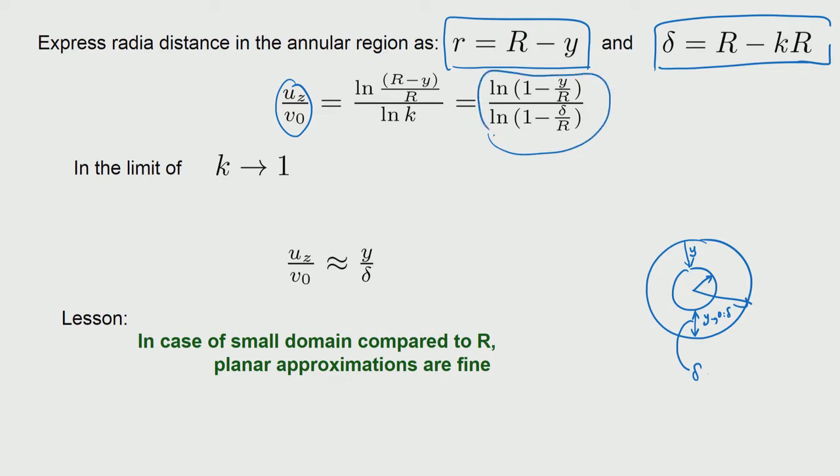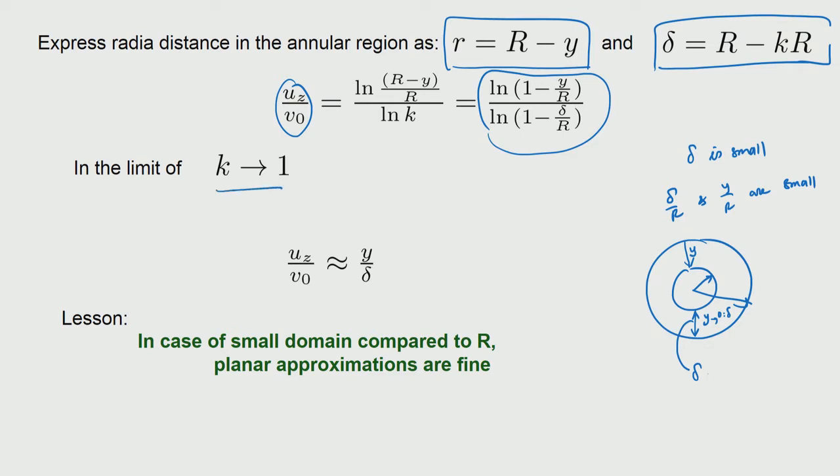Okay. Now here, in situations where the delta is small, you know that delta by r as well as y by r are very small. So if they are very small, what happens is that logarithm of 1 minus x can be approximated to minus x, and so if you do that for both numerator and denominator, then you have a situation that is simulating what happens when k is tending towards 1.